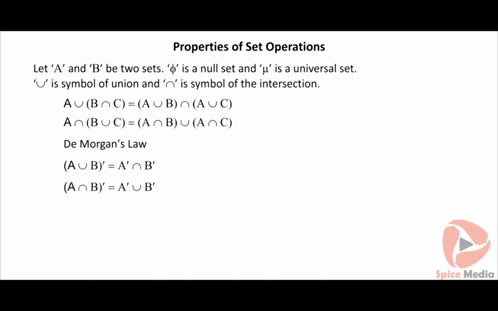A intersection B the whole dash is equal to A dash union B dash. Phi dash is equal to mu. Mu dash is equal to phi.